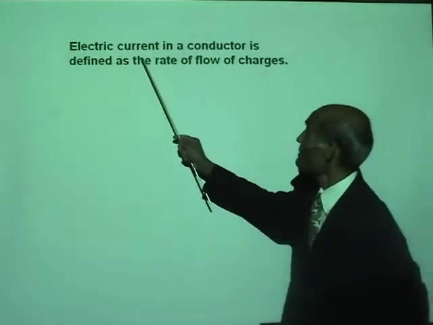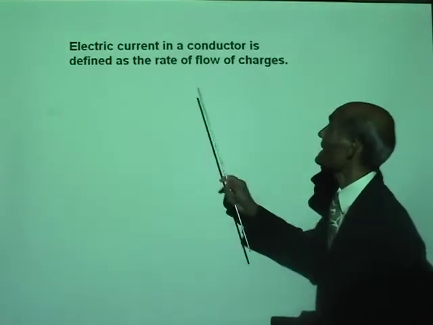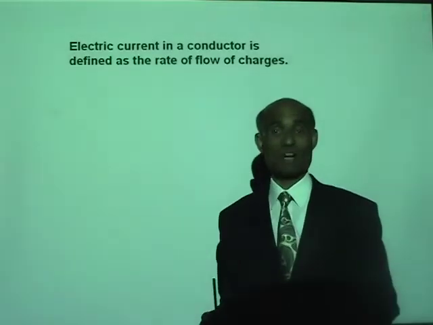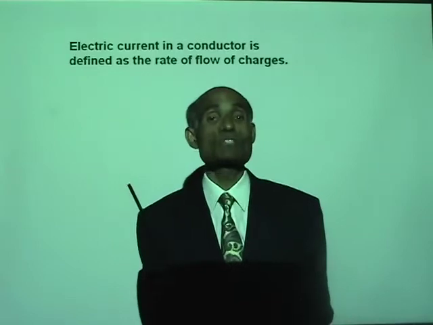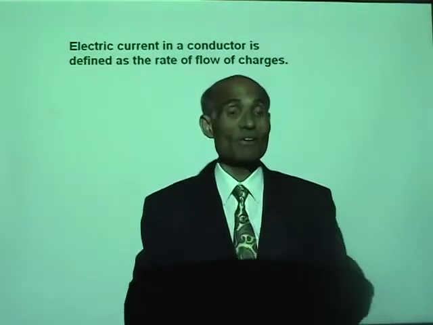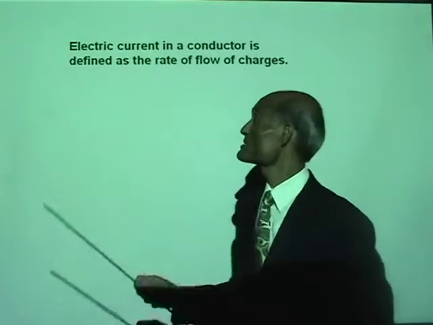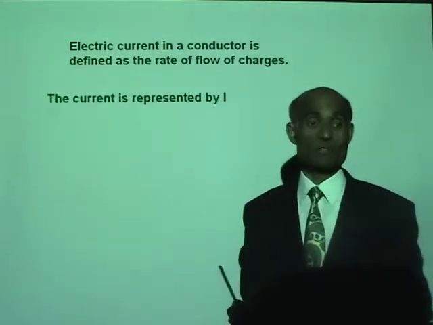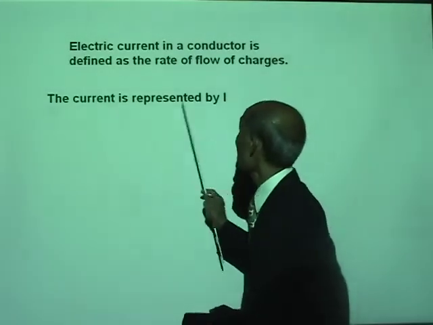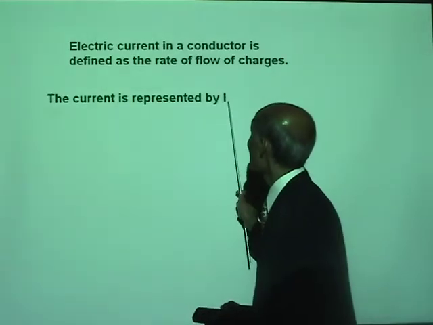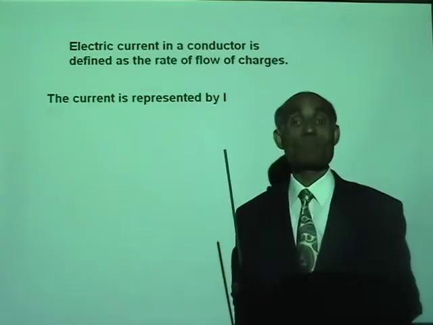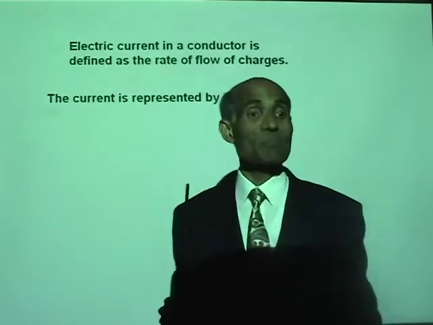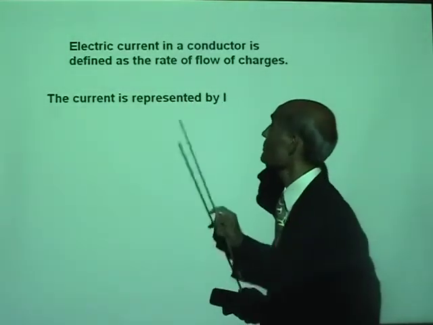Alright, so electric current in a conductor is defined as the rate of flow of charge. An electric current is caused by the flow of electric charges, and it is measured as the rate of flow of charge. Now, an electric current is represented by the letter I. We will from now on use the uppercase I to represent an electric current.